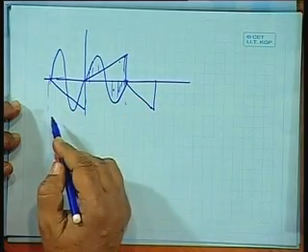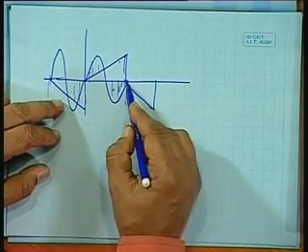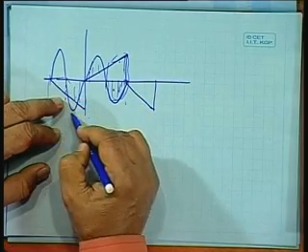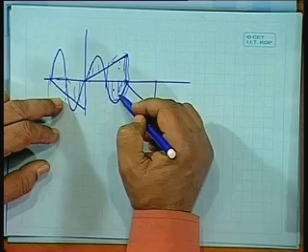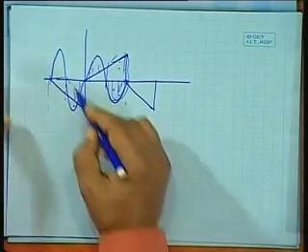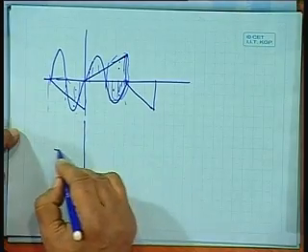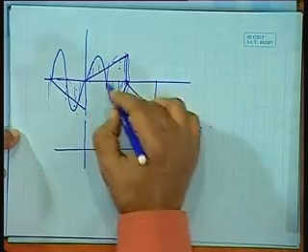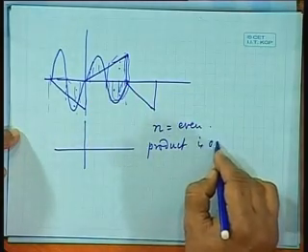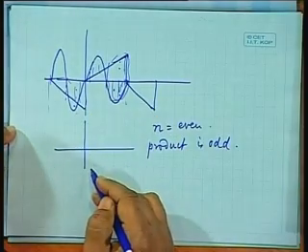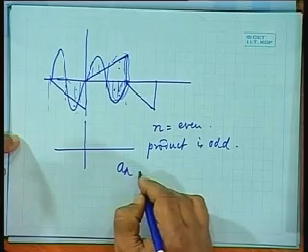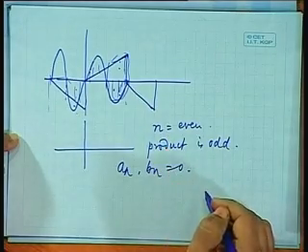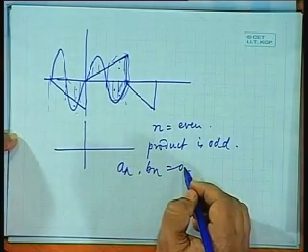Its counterpart is here, where both are negative. The product of this zone is equal in magnitude to the product of this, but here it is positive into negative, here it is negative into negative. So, they will be cancelling. So, this is an odd function. If n is even, this product is odd, and hence the integral is 0. So, An and Bn will be 0 for n even for this type of half wave symmetric function.